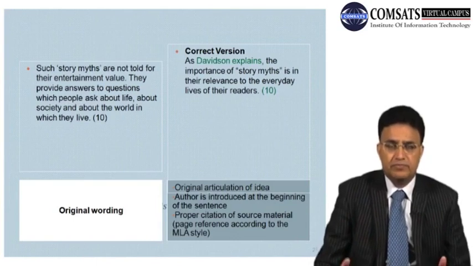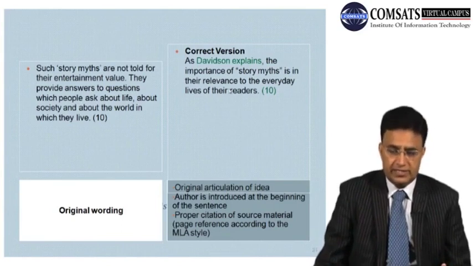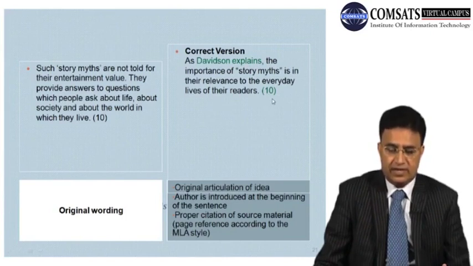If you have to improve it and make it acceptable or a correct version, it would be like this. As Davidson explains, the importance of story myths is in their relevance to the everyday lives of their readers. So original articulation of the idea, and the author Davidson is introduced at the beginning of the sentence.